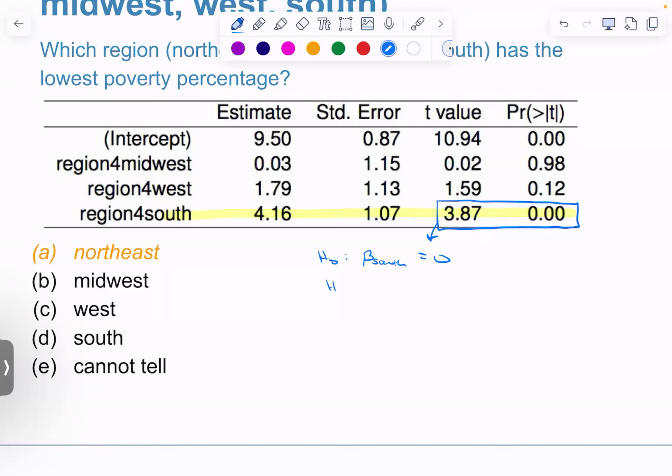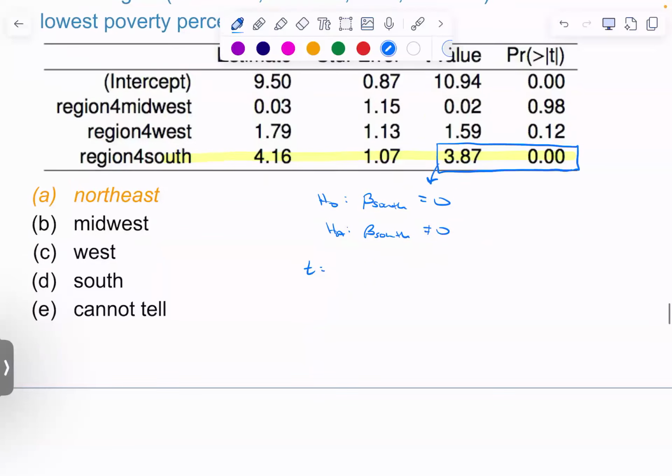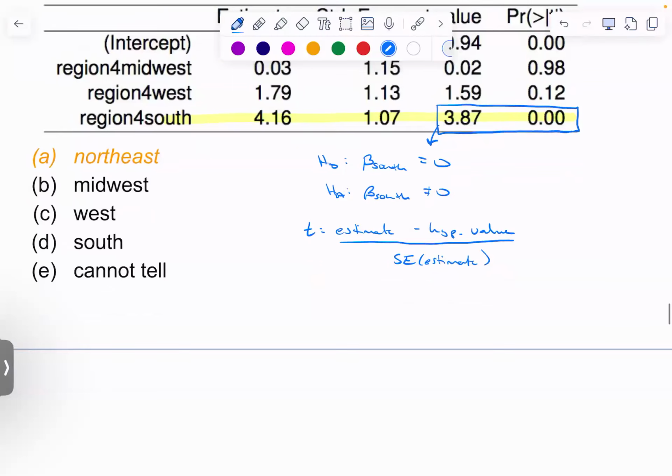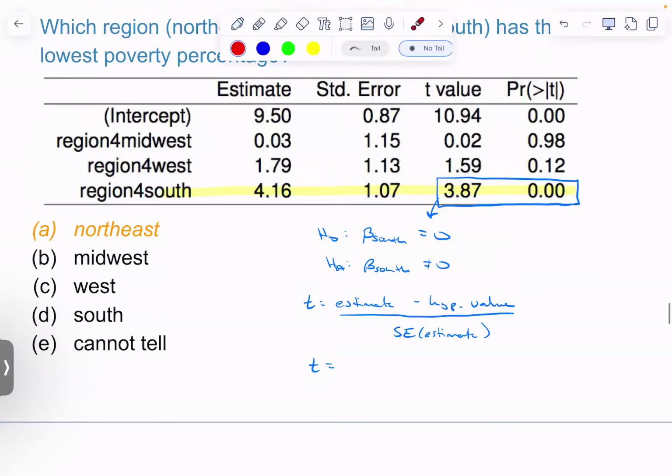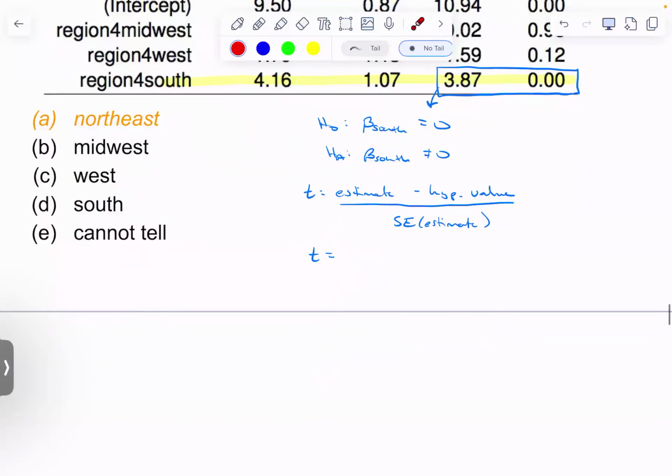And the alternative is that beta for the south is not equal to 0, so it's a two-sided test. It gives you the t. T is always the estimate minus the hypothesized value, which in this case is 0, divided by the standard error of the estimate, which means t would be 4.16 minus 0 divided by 1.07.